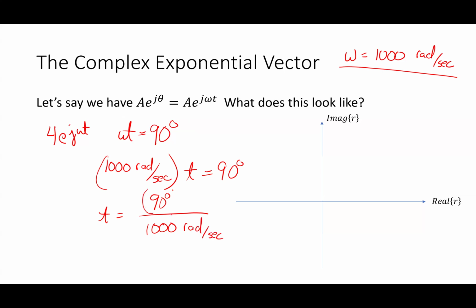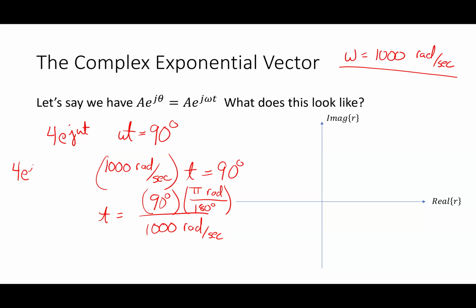So I'd multiply that by pi radians over 180 degrees, and I would get some number. I don't know what that number is, but I'd get some number for the time. And what would the units be on that time? Seconds.